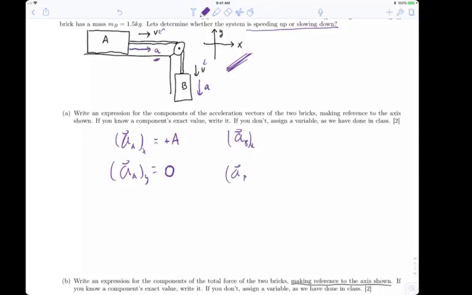Acceleration B in the y direction. I don't know how strong the acceleration is, but I do know which direction. I know it's not in the x direction, and then it must only be in the y direction. And if this one is moving to the right, then this one is moving downwards. Right? In terms of this xy axis, downwards is a minus. I'm using the same letter.